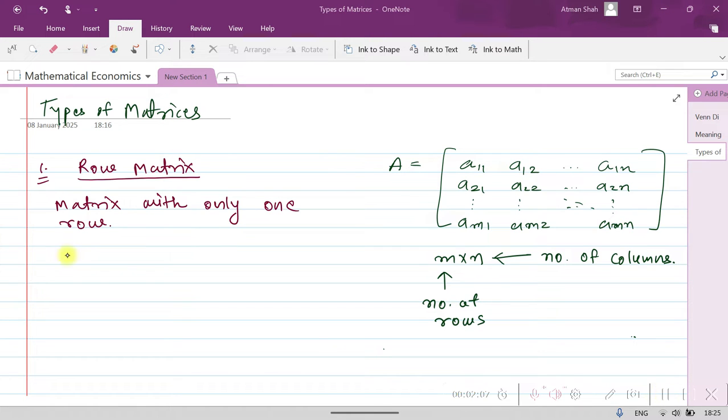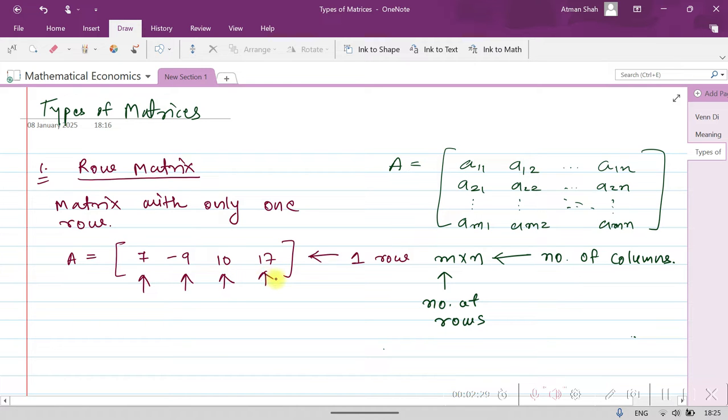So suppose matrix A is equal to 7 minus 5 10 17. So here you can see we have only one row and 1, 2, 3 and 4 columns. So this matrix is row matrix and it is written as A 1 cross 4.